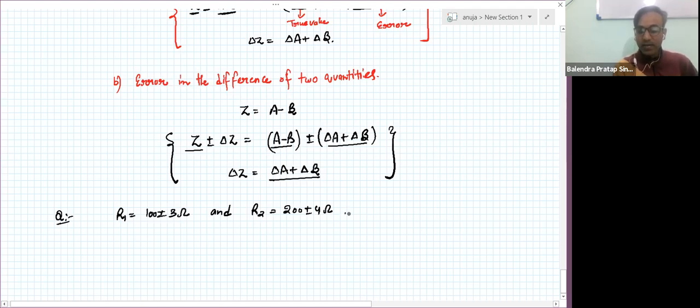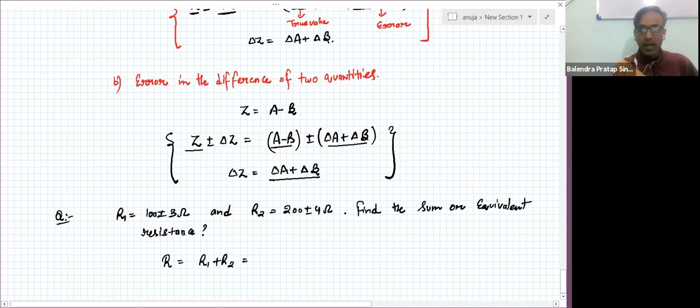Find the sum or equivalent resistance. So what you have to do is just take the sum of these two quantities, that is, capital R is equal to R1 plus R2. The value of R1 is 100 plus minus 3 ohm plus 200 plus minus 4 ohm.